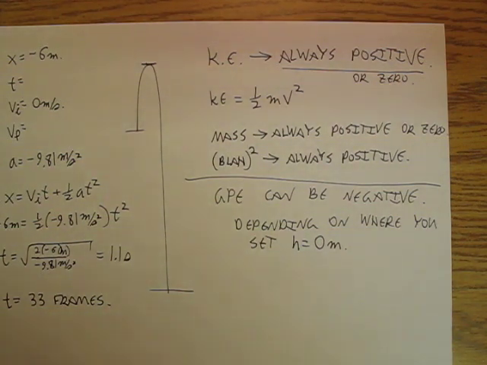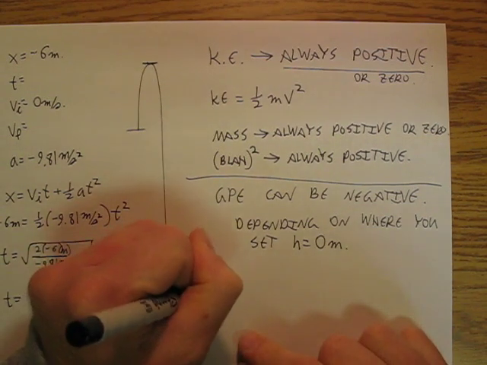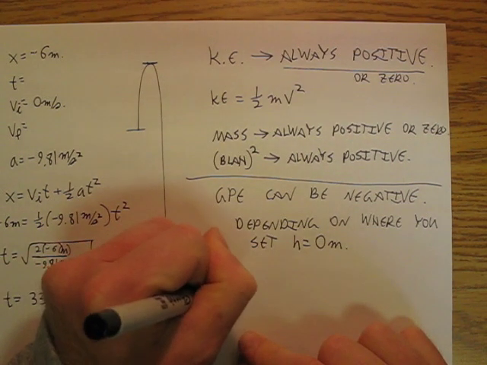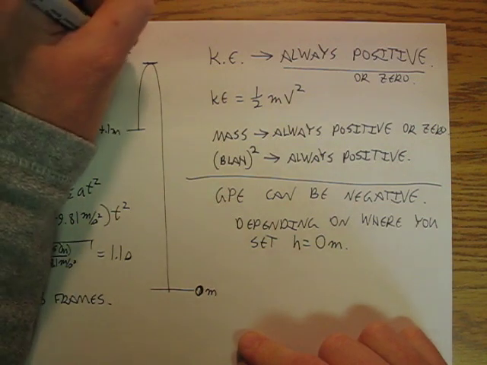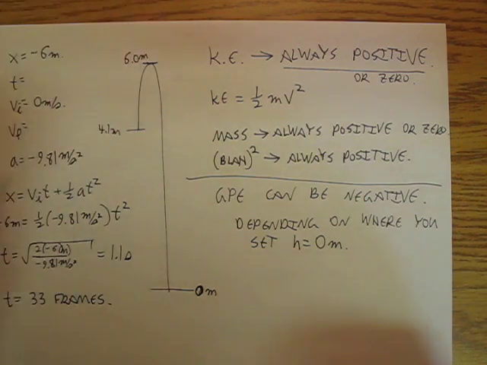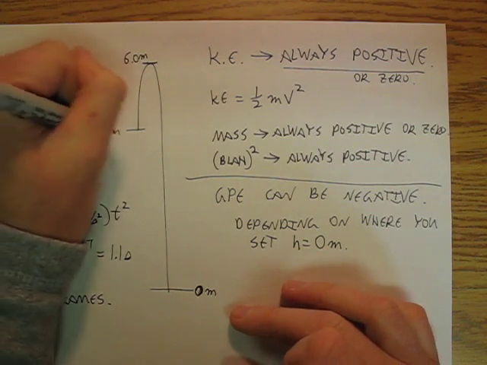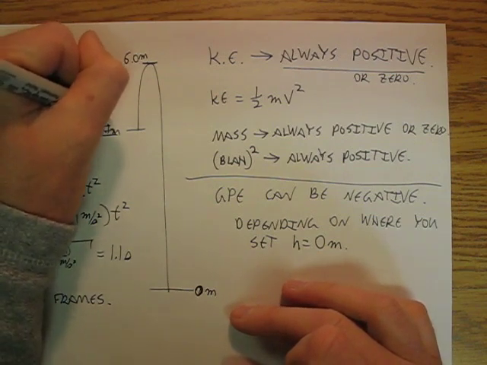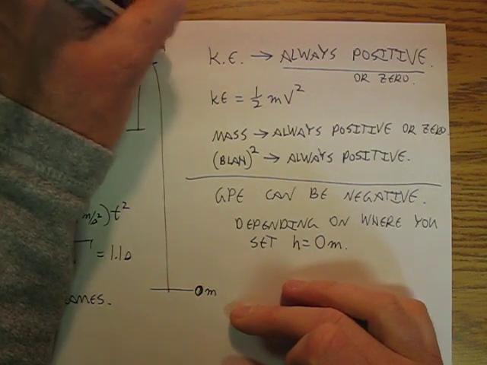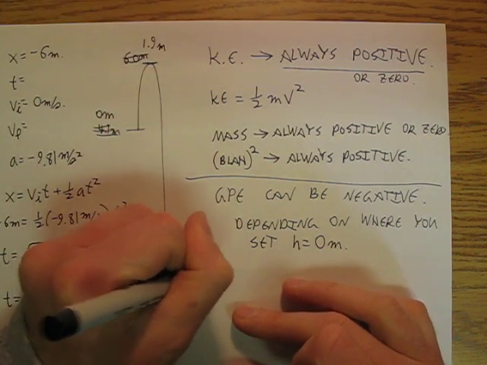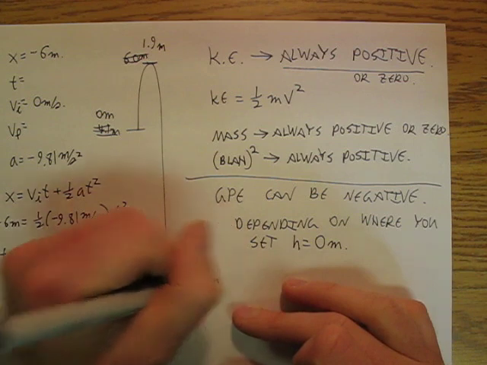Okay, you say this is 0 meters, and this is 4.1 meters, and this is 6 meters, and you go, ha, see, GPE can't be negative. Well, suppose I decide to set this at 0 meters, this at 1.9 meters, and this at negative 4.1 meters.